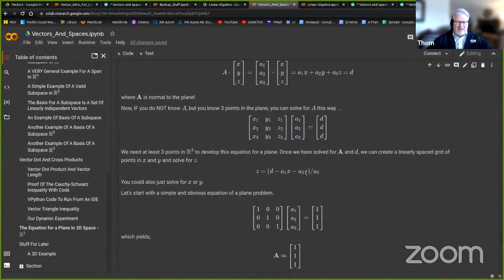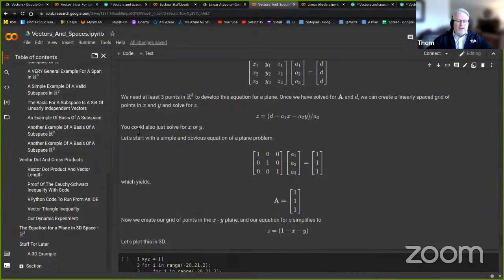So we're just going to create a mesh of XY points, a grid of points, and then we're going to divide all that by A3. And like I said, D divided by A3 would be our Z-intercept.